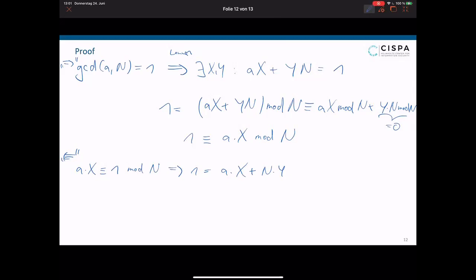And this now means that, if we go back, exactly, once we have this equation here, it holds that Z equals a times Z plus n times Z. I mean, a is in Z, this is clear, n is in Z, but from this equation above here, 1 is of the form a times x plus n times y, and therefore every element in Z can be written of the form a times some integer plus n times some integer.